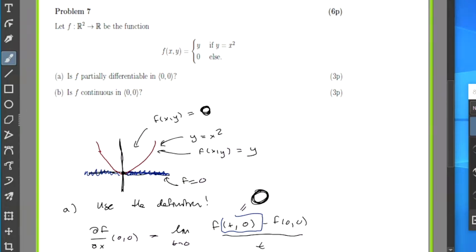In fact, also for t equal to 0, since in that point we need to check this branch of the function, but y is equal to 0 in the point 0, 0. So that means that both these 2 expressions are equal to 0.